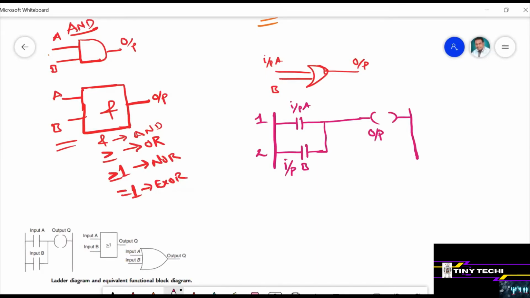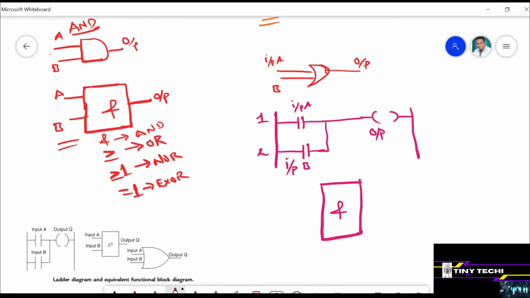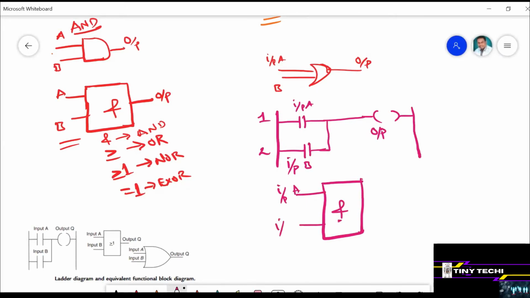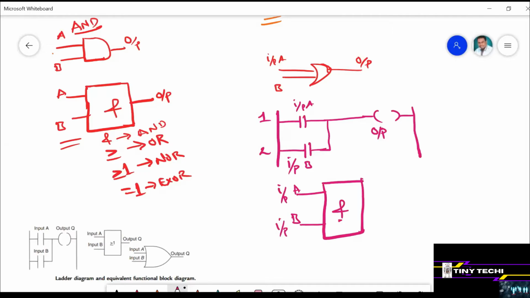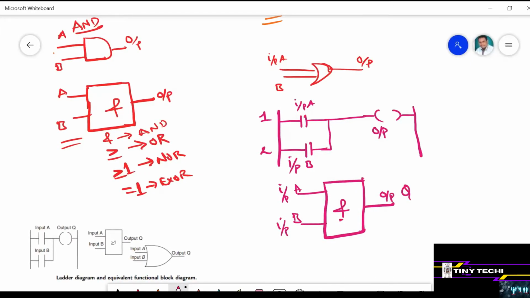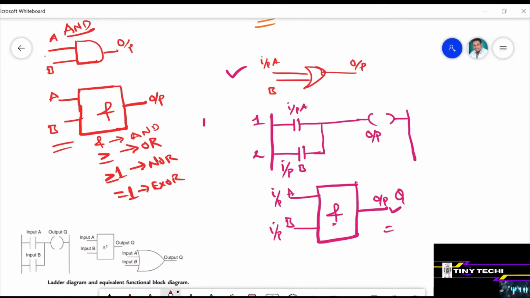How this is implemented in the function block diagram is, we have the block and place the AND symbol, ampersand, here. We connect input A and input B, and simply connect the output. Whatever output you want, you can connect. So this is how we can implement the AND gate in the ladder diagram.